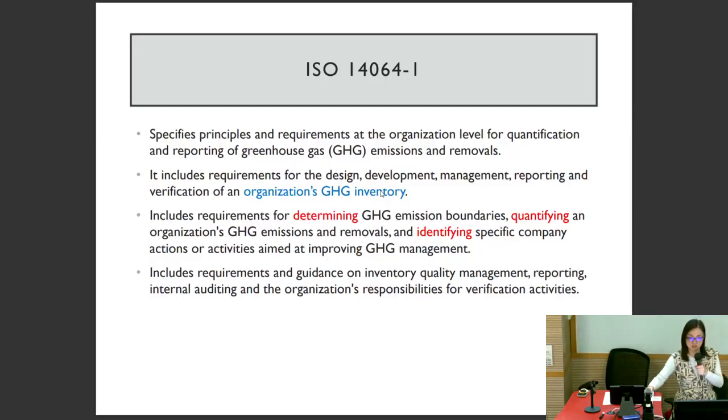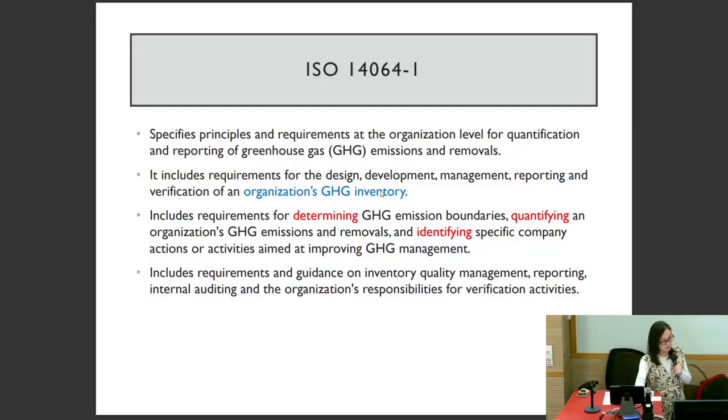of that organization. And for quantifying the organizational boundary, if you still remember, we have different approaches. We have the equity approach and the control approach. Okay, these are some approaches to identify the boundary of an organization.